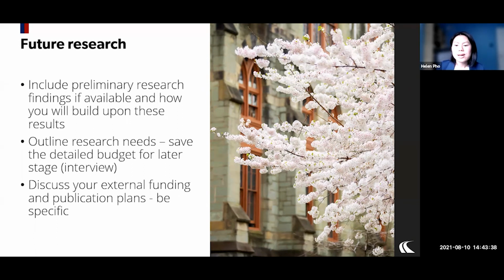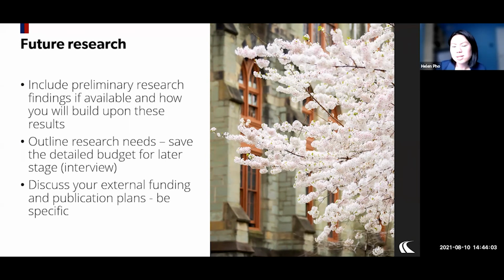One thing I'll say is that even though it's important to talk about those research needs, it's probably best to avoid being too specific about what things are going to cost. In fact, it's a better strategy to save a detailed budget for a later stage of the process.